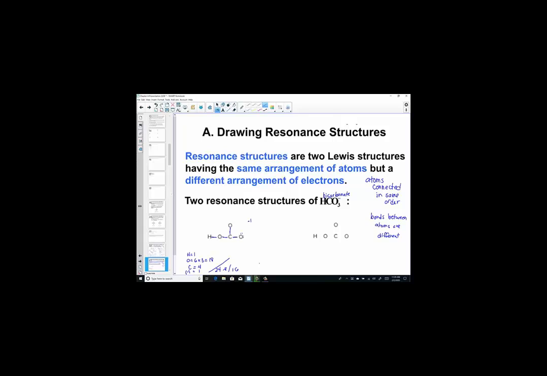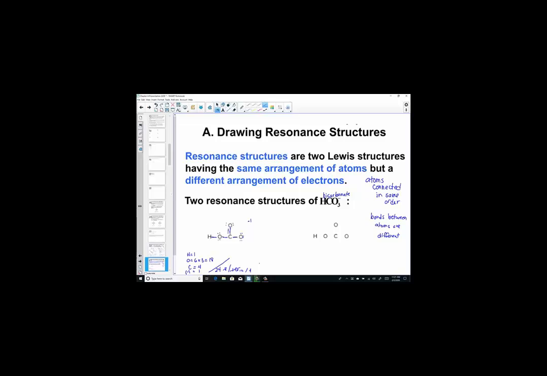And I'm just going to place the 2 dot requirement around each. That's 12 dots, leaving me 4 dots remaining, and those 4 dots make sure that I get a double bond to one of these oxygens and maybe another set of lone pairs to the other.